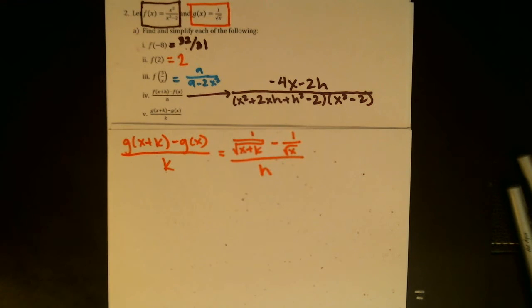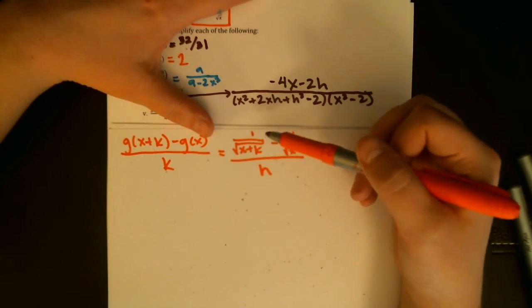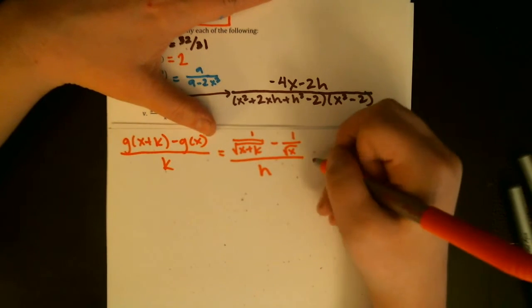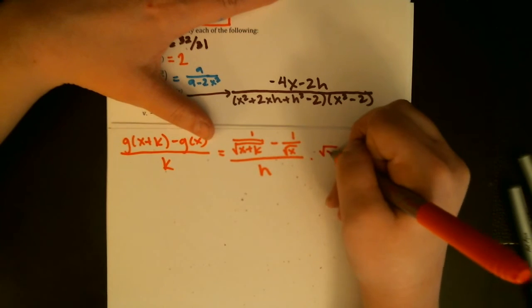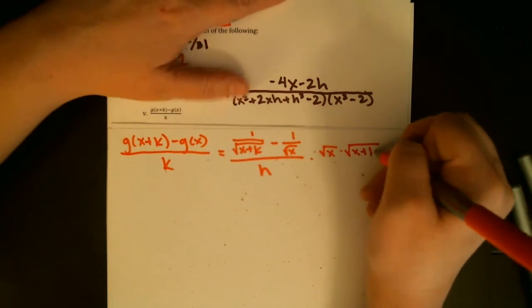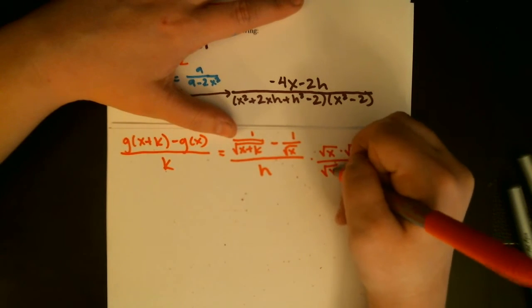Okay, so this one definitely starts off looking a little less messy than the last one. I think it will still get a bit messy, but I don't think it's going to be quite as bad. So the first thing that jumps out at me here is that I have fractions and fractions like before, so I'm going to multiply top and bottom by the LCD of these two inside fractions, which is the square root of x times the square root of x plus k.